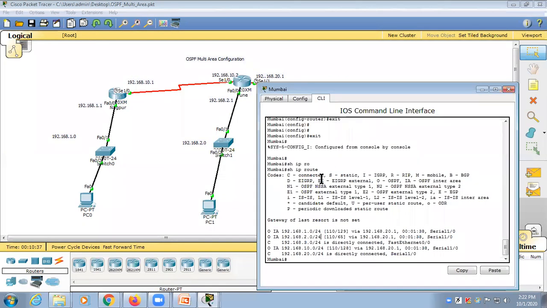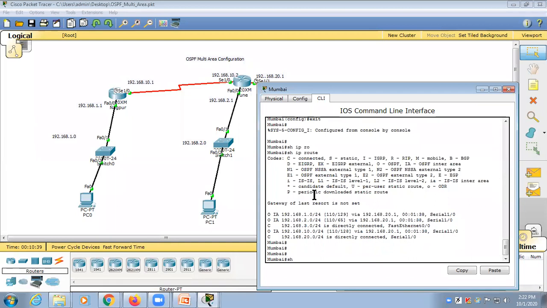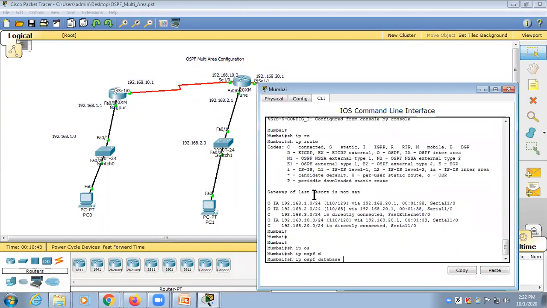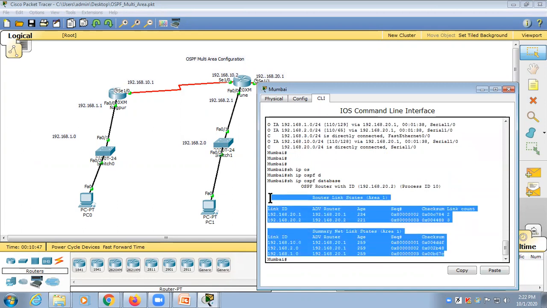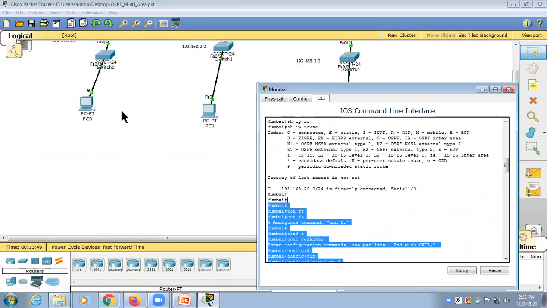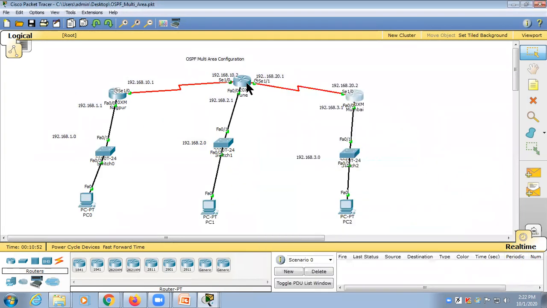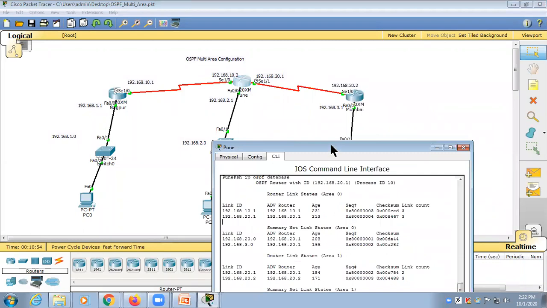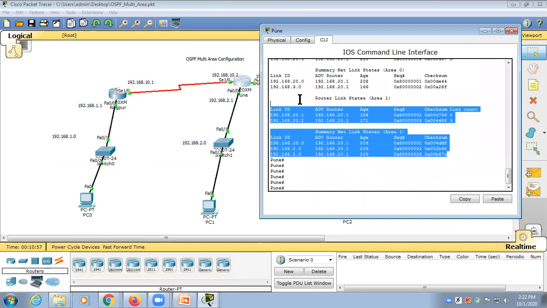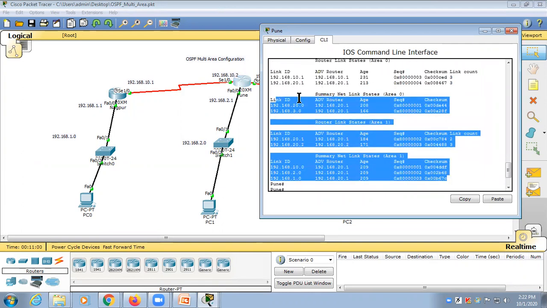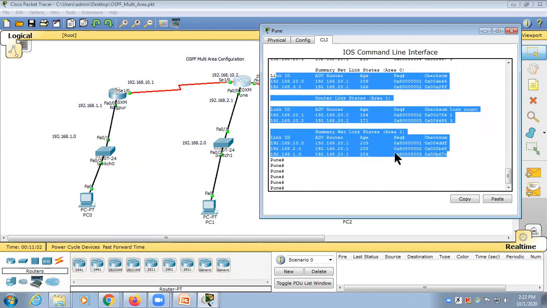If you go to the Mumbai router and show the OSPF database, only area 1 information will be there. In the Nagpur router, we have area 0 information. But the Pune router is the backbone and border router, so it maintains all the information, left hand side and right hand side.